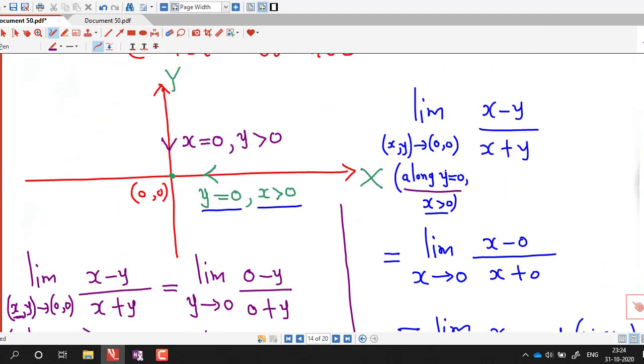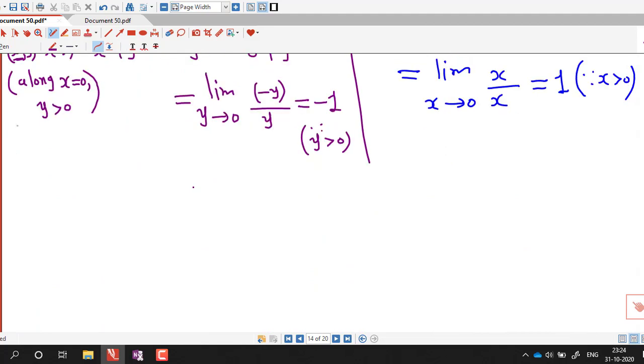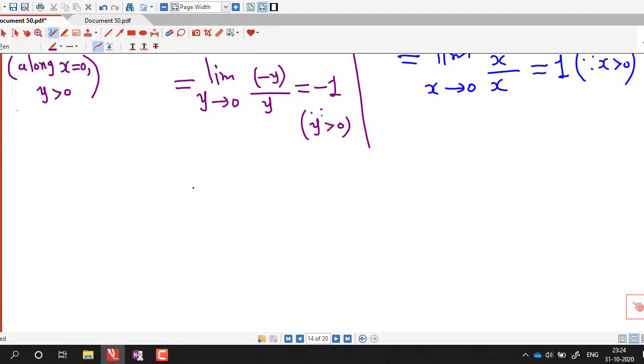So what we observe is, the limit along the positive x-axis is 1, and the limit along the positive y-axis is minus 1. So we have found two different paths along which the limit is different.